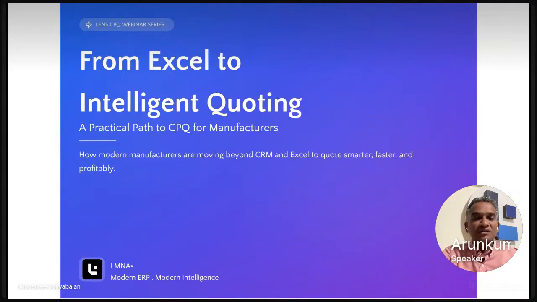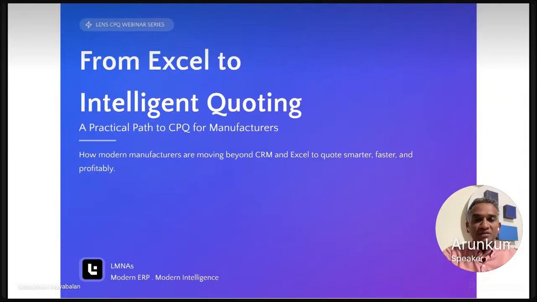So in such cases, what would the sales team generally do, and what mistakes are companies making today, and how can we avoid those mistakes and use smarter tools, stay away from Excel and get an integrated tool like the Lens CPQ, and really make it profitable.